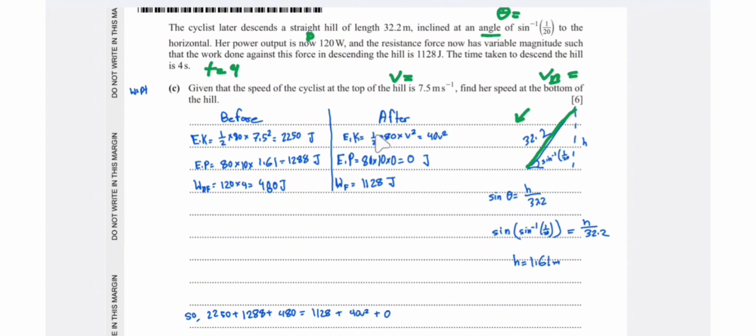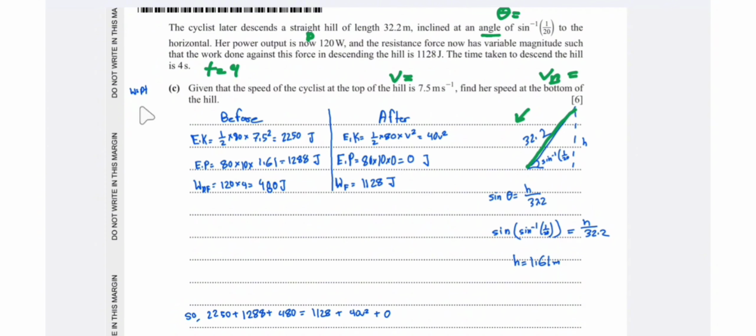So if we consider the two scenarios, before and after. Before, we must have kinetic energy, gravitational potential energy, and work done by driving force. And after, we have kinetic energy, and work done against frictional force, or work done against resistance, and the gravitational force.